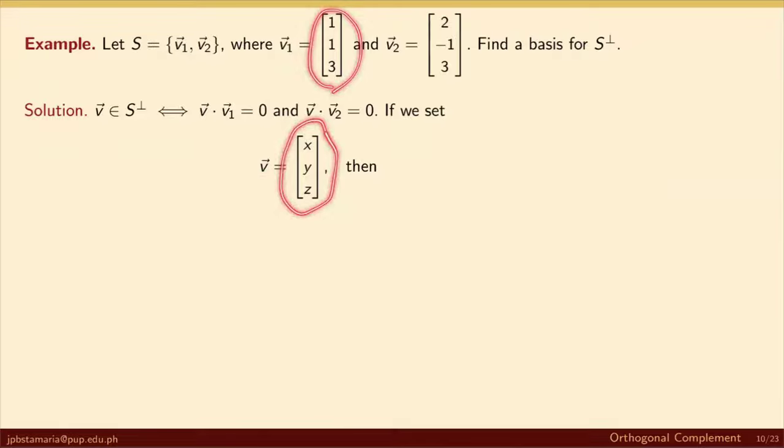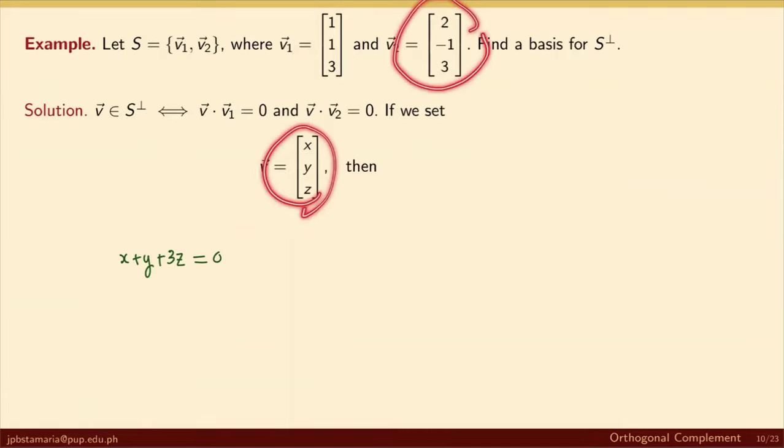So what's the dot product? It is x plus y plus 3z, and it has to be 0. Also, V and V2 are orthogonal, so their dot product is 0. If I take the dot product, 2x minus y plus 3z is equal to 0.